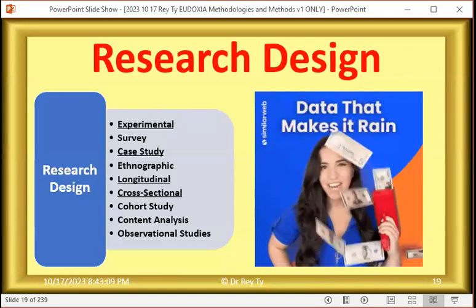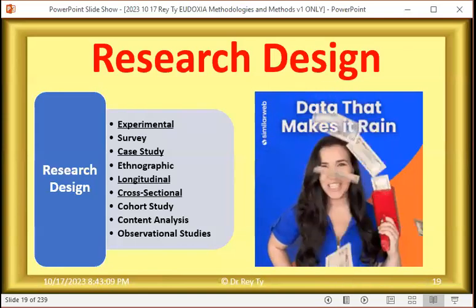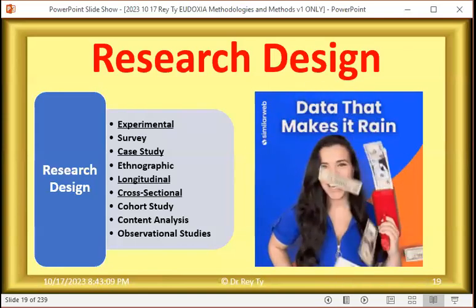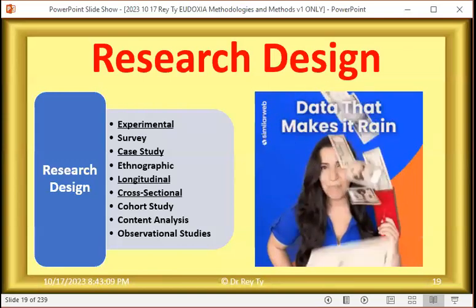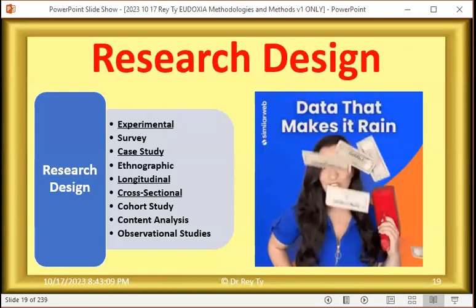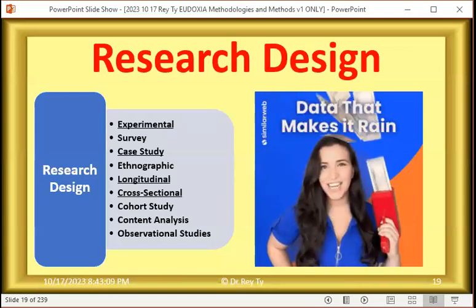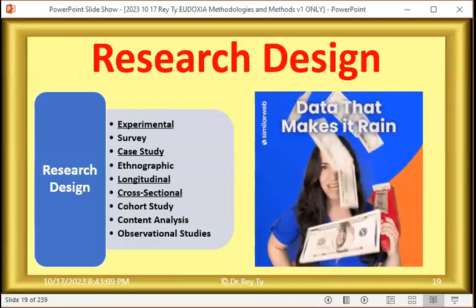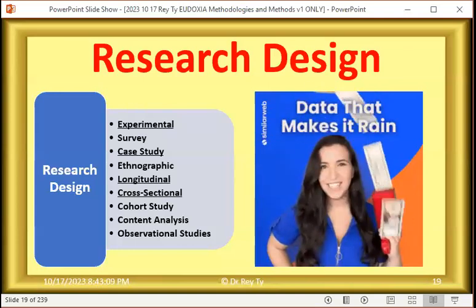And then longitudinal studies would look at a given phenomenon, for example, economic development. So you look at the economic development of India through the years, during the British colonial times to early independence, then to the period of neoliberal capitalism, and then to the BRICS period.